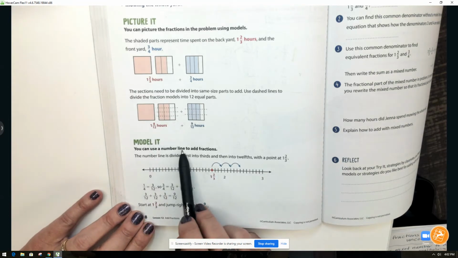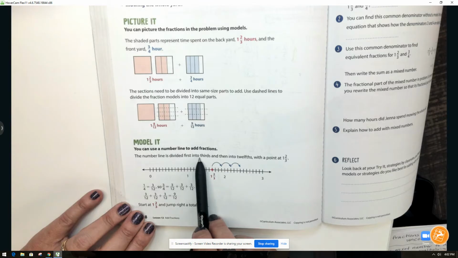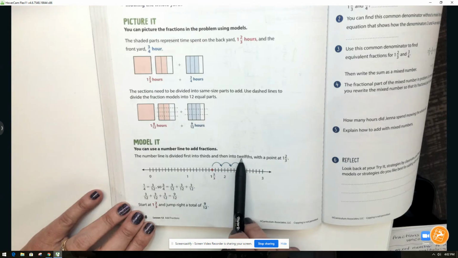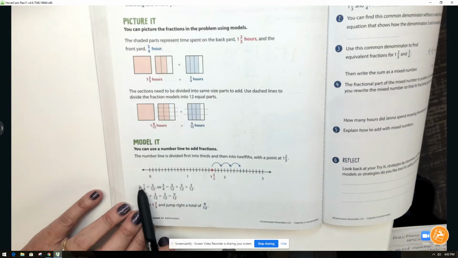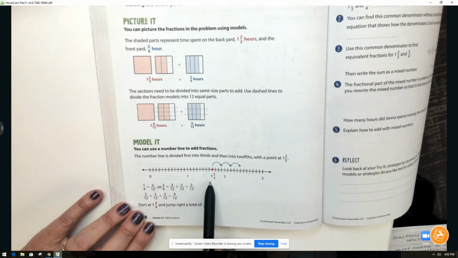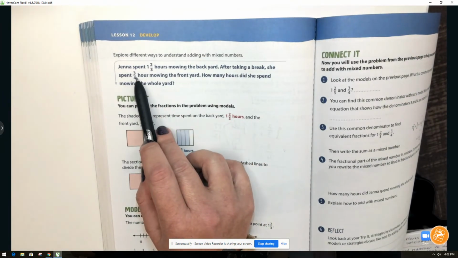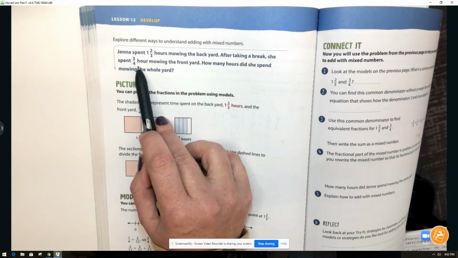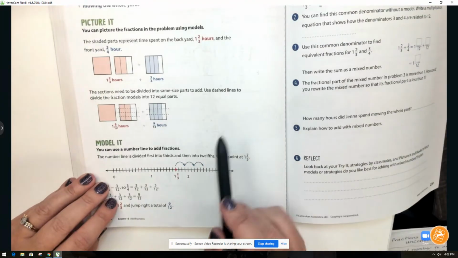We can also use a number line to add fractions. The number line is divided first into thirds and then into twelfths, with a point at 1 2/3. So if we start at 1 2/3, we're going to start with the whole number. And then we're going to add on the additional part that we are adding to 1 2/3.